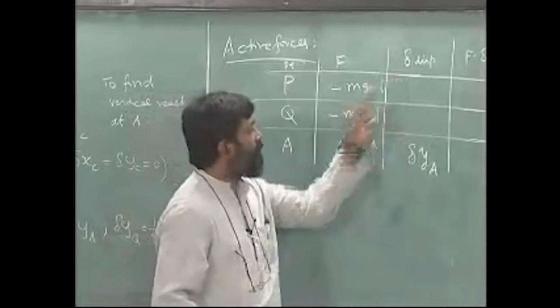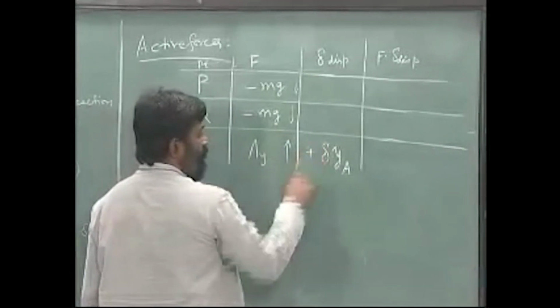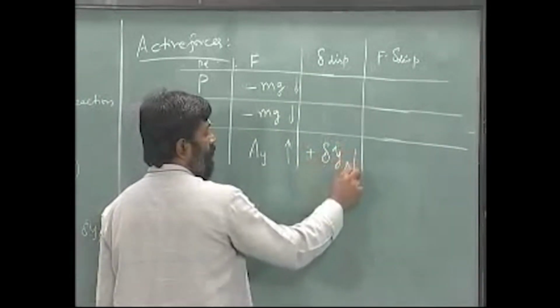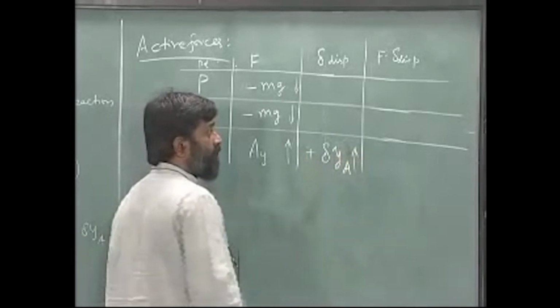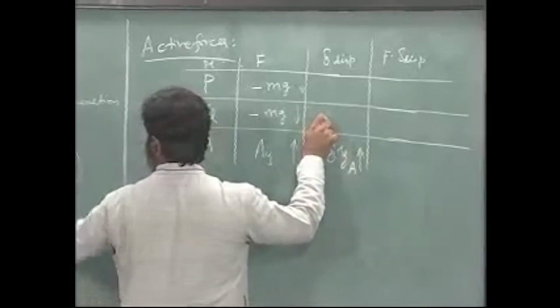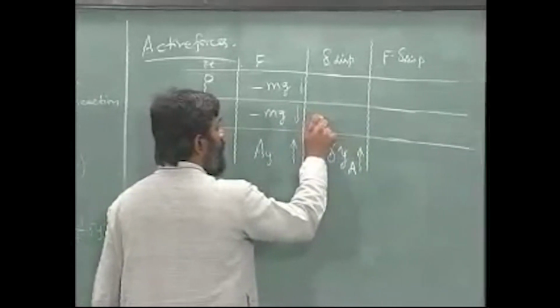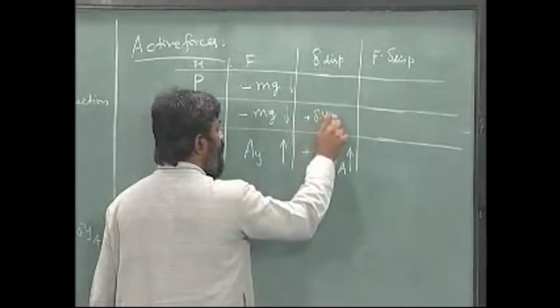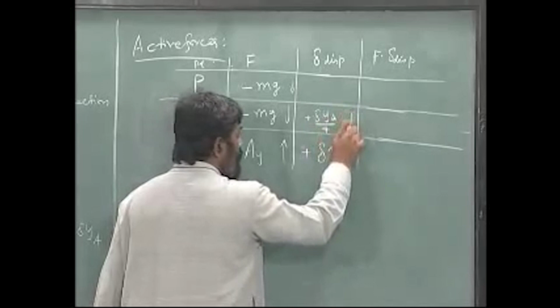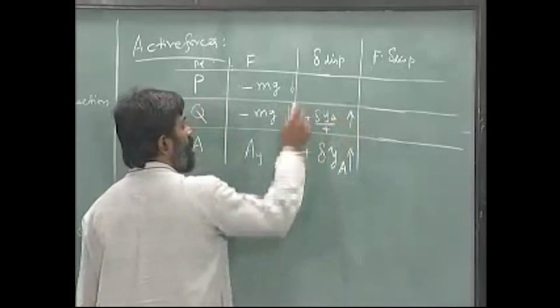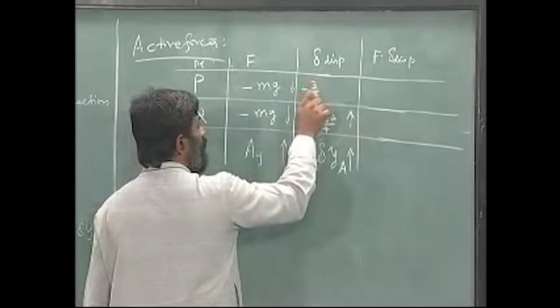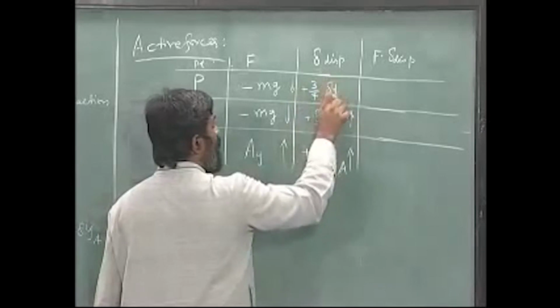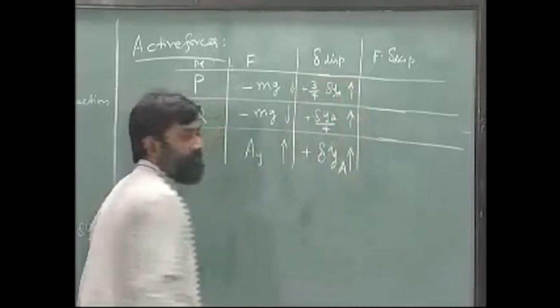What did we get for these two? This is a positive quantity, upward is what we have given. This at Q we got it to be plus delta Ya by 4 in the positive direction. This is 3 by 4 delta Ya in the positive direction.